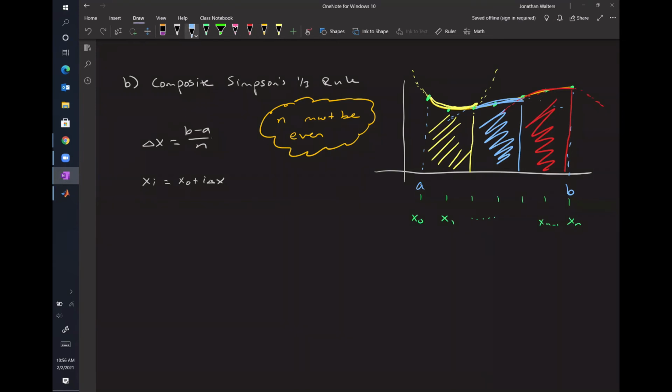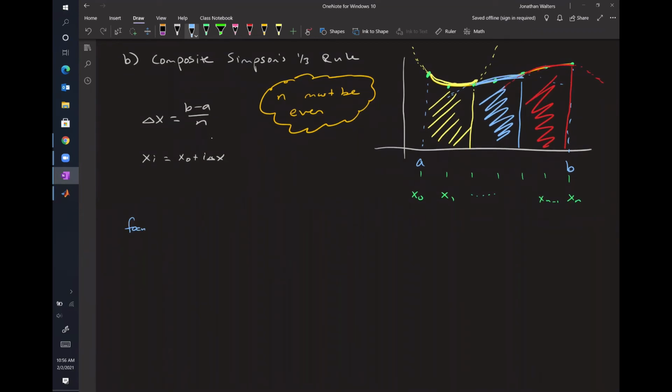All right, so let's focus on the interval xi to xi plus 2.